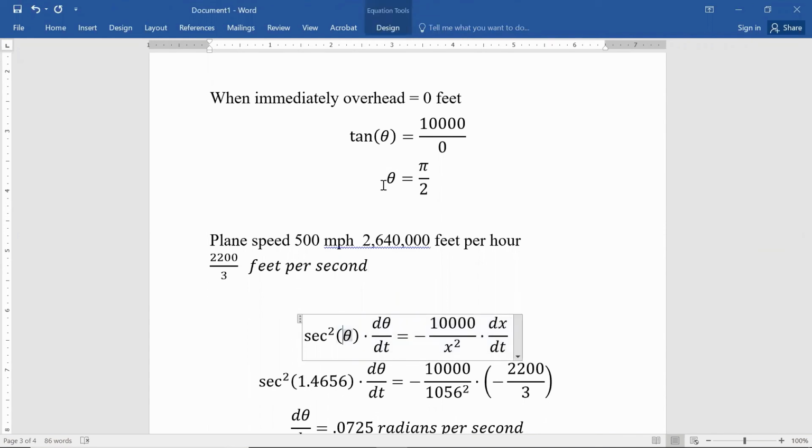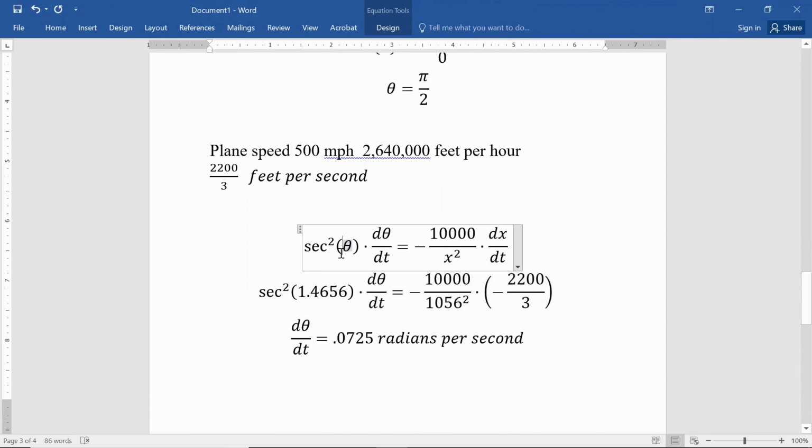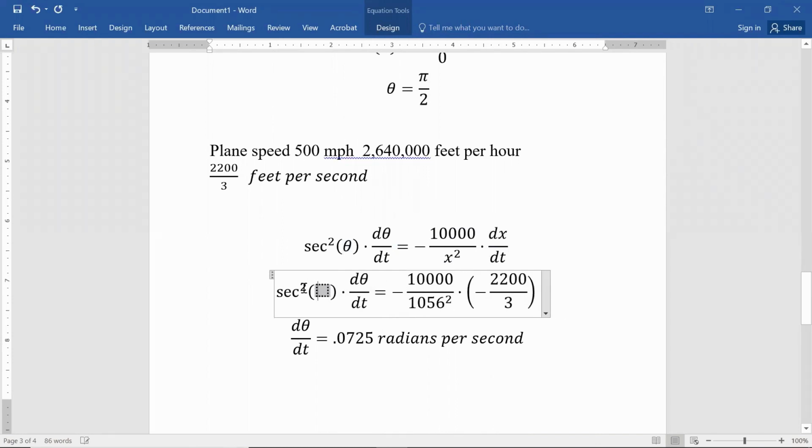So we go back to our formula here. We go pi over 2 times d theta dt, 10,000. This is a problem, isn't it? Divided by 0 squared times negative 2200 over 3.